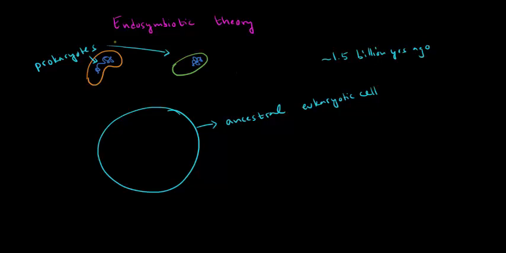So what happened is that the mitochondria and chloroplasts joined an ancestral eukaryotic cell, and I'm going to call it ancestral because it's not exactly a eukaryotic cell that we'd see today, but it's a cell that would eventually become a eukaryotic cell. We could also call it a host cell because it's going to host mitochondria and chloroplasts. So let's put them inside. So now they're living in this host cell.